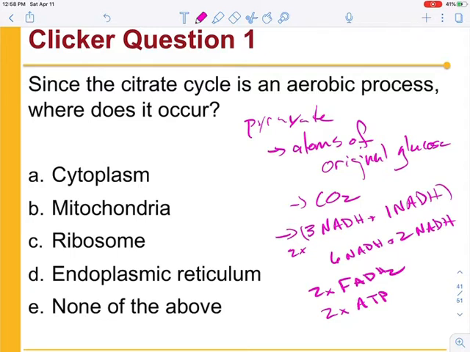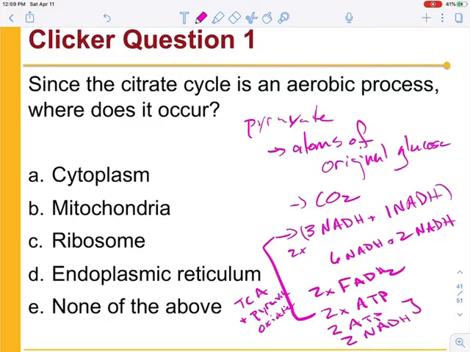So all of this is TCA and pyruvate oxidation. And then we generate 2 ATP and 2 NADH from glycolysis.